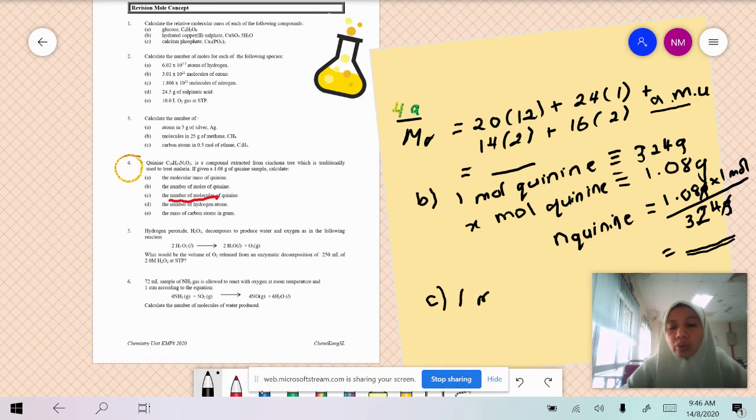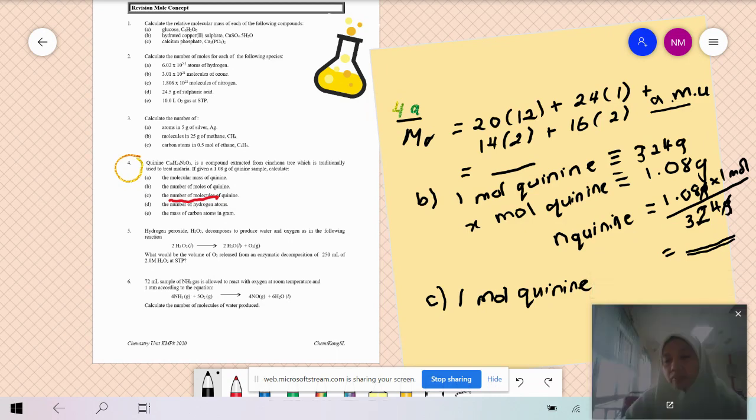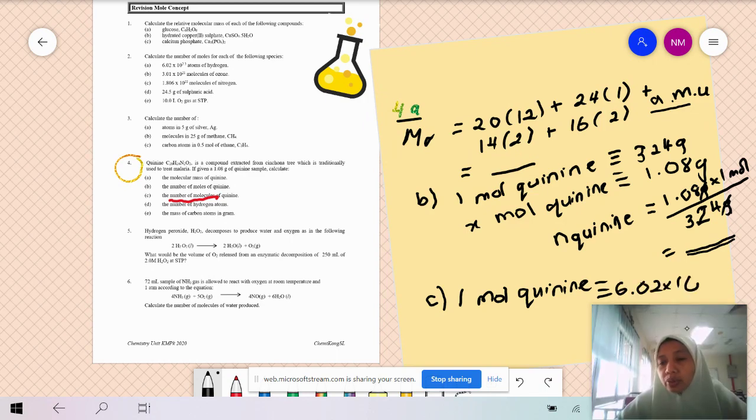1 mole of quinine contains 6.02 times 10 to the power of 23 molecules. But do you have 1 mole in this case?